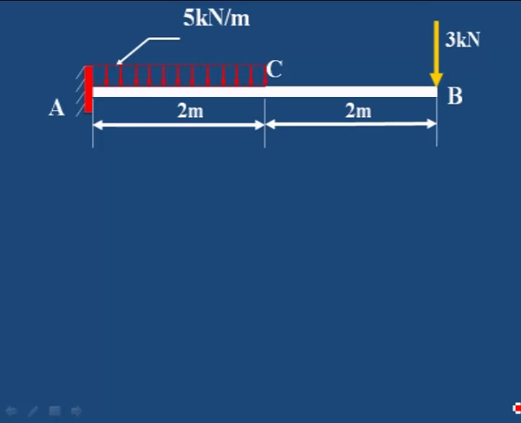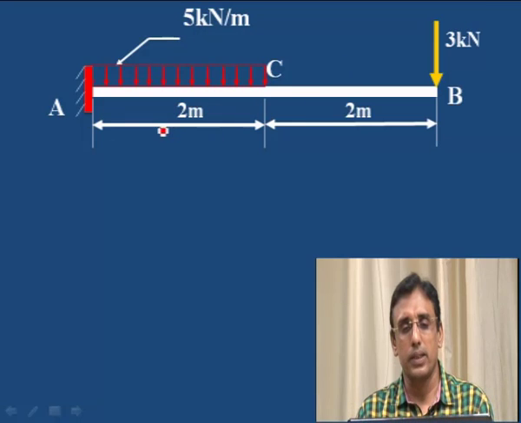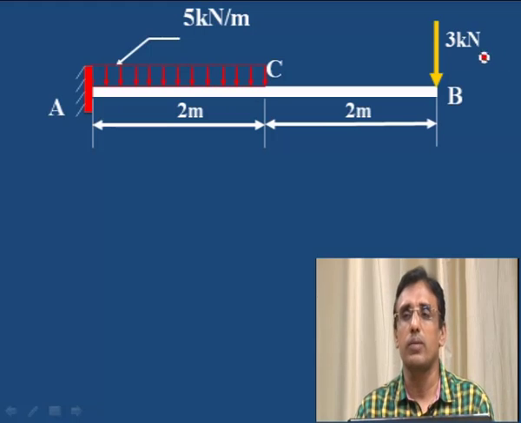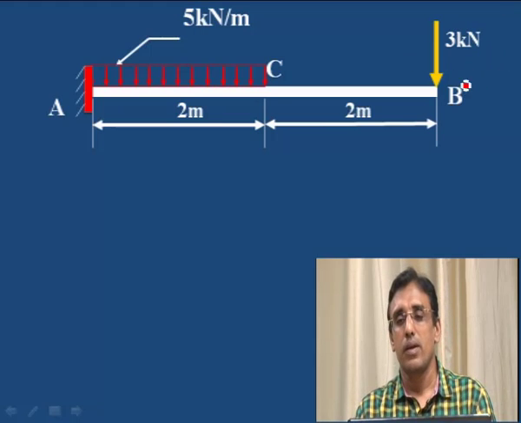Now let us consider one more example where a uniformly distributed load as well as a point load are both acting. This is the problem in which the uniformly distributed load is acting from A to C, a 2 meter distance from the fixed end. In the previous problem we considered the uniformly distributed load from the free end.